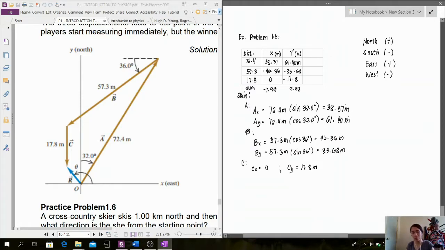Let us check if we have the correct signs. The x component is negative, meaning the resultant points to the west. And the y component is positive, meaning it points to the north. So our computation is correct.